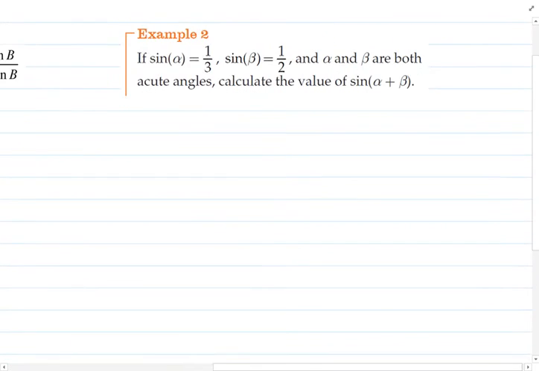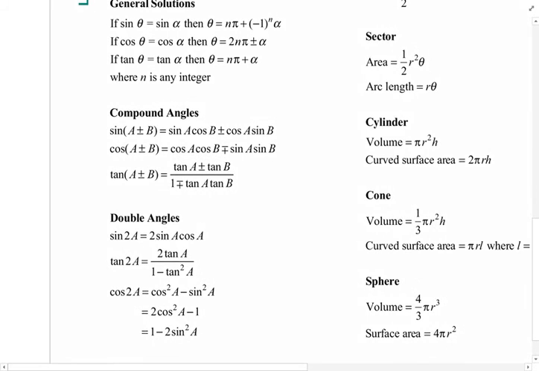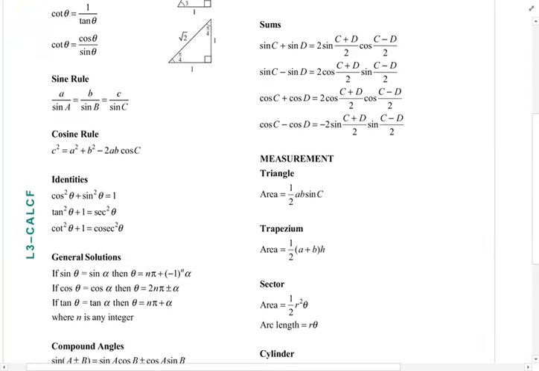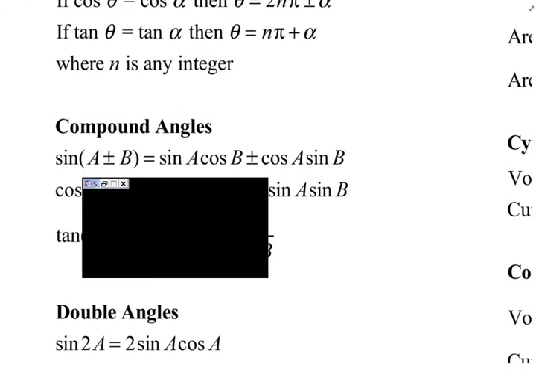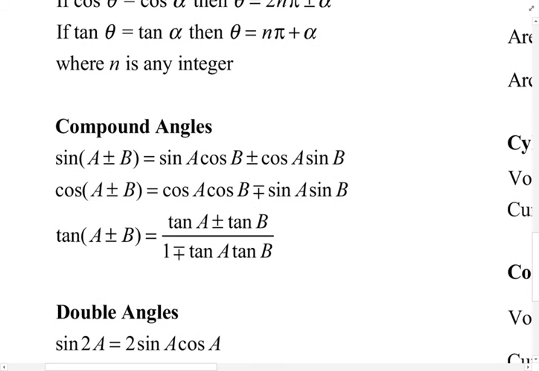Okay, so over in our next example, we've got a similar thing again with two different angles with acute values. They're asking us to find the value of sine alpha plus beta. So once again I'm going to go to my formula and find a formula for sine of alpha plus beta, and we have one here, so I'll copy that over as well, so we've got ready access.